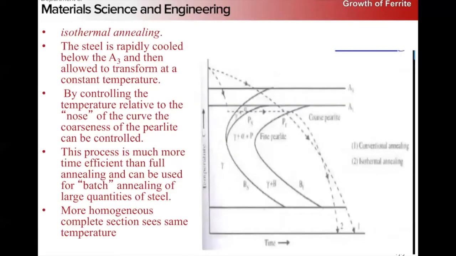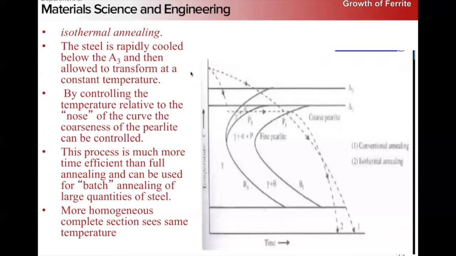So instead, what's often done is what's called isothermal annealing. So we take it into the austenitic region, we dissolve all the carbides, then we rapidly cool it below the A3 temperature, right? And then allow it to transform at a constant temperature.